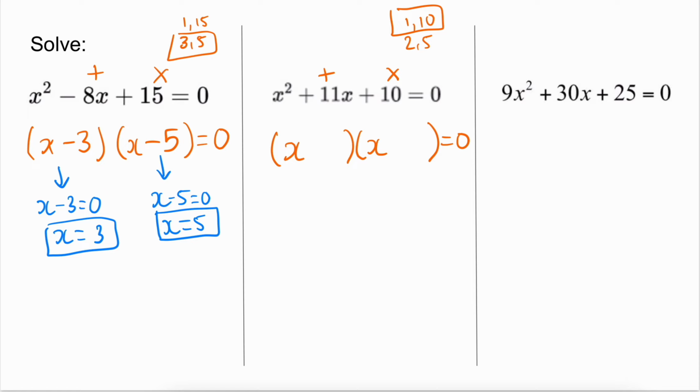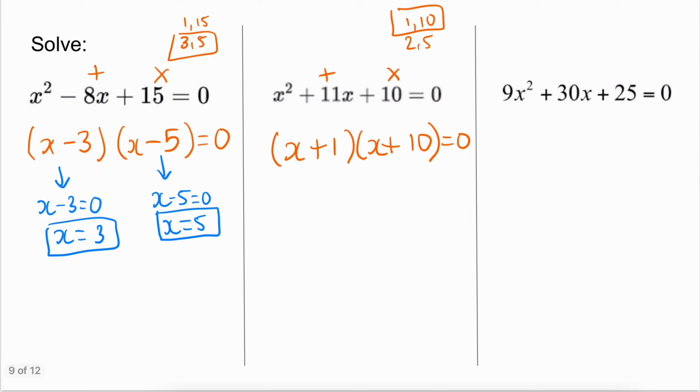So we're now going to place that 1 and 10 into the brackets. And we can see that it's positive 1 and positive 10 because it times to make a positive and adds to make 11. So my solution is that either x plus 1 is equal to 0. So if I subtract 1 from both sides, x is equal to minus 1.